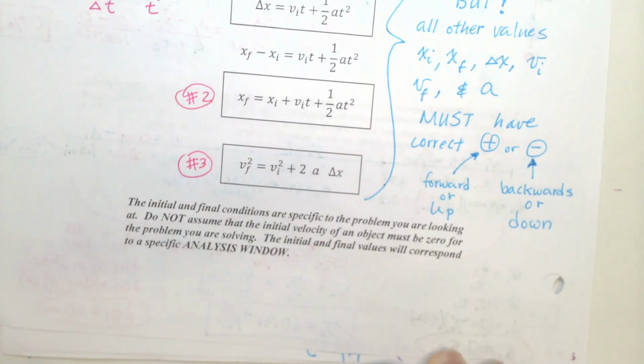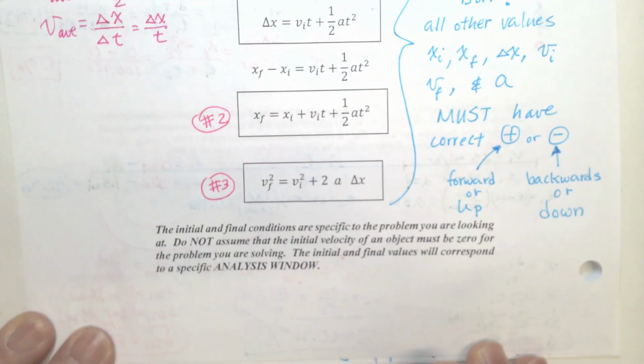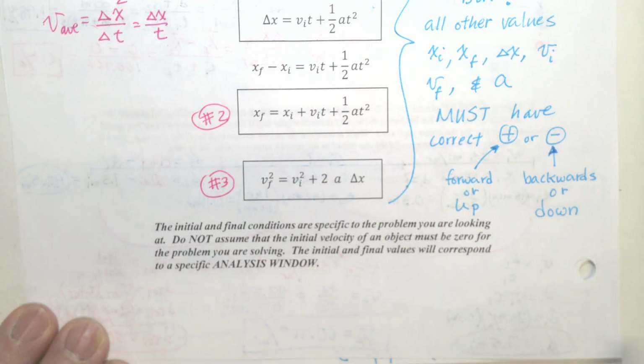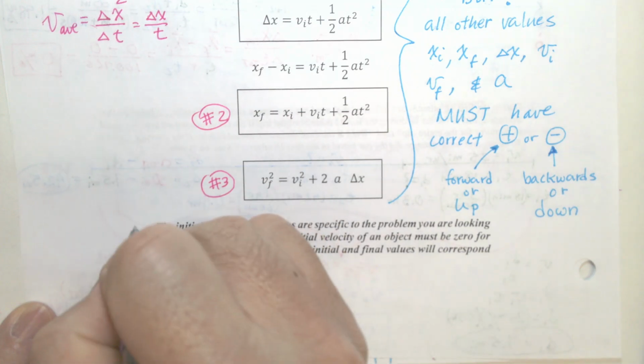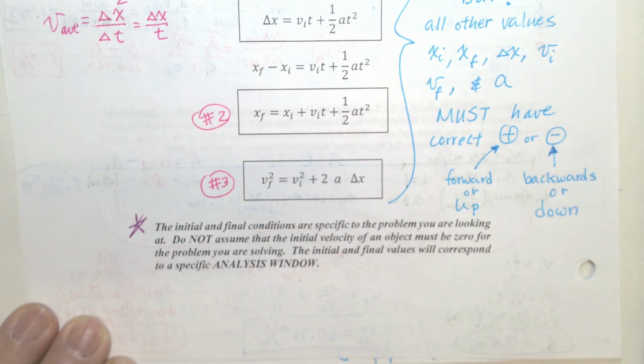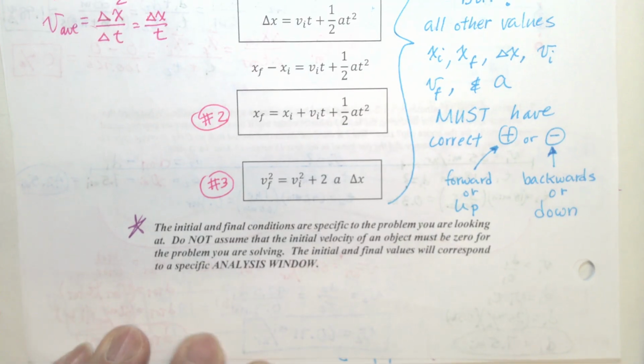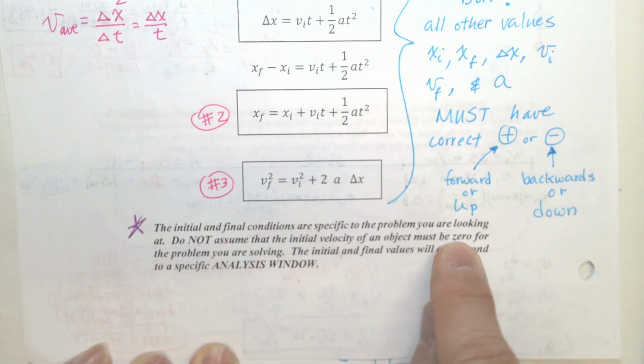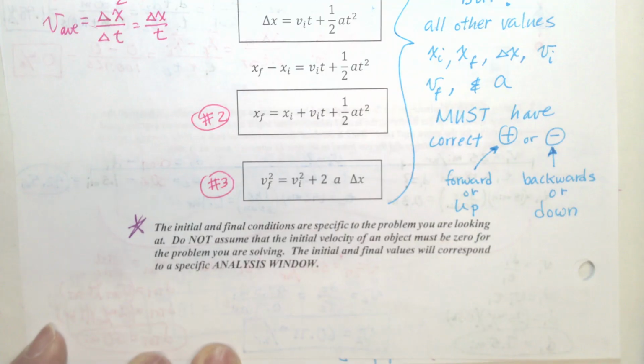The initial and final conditions are very, very important. The initial and final conditions are specific to the problem you are looking at. Do not assume that the initial velocity of an object must be 0 for the problem you are solving.